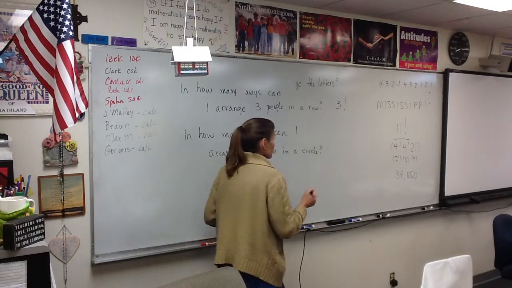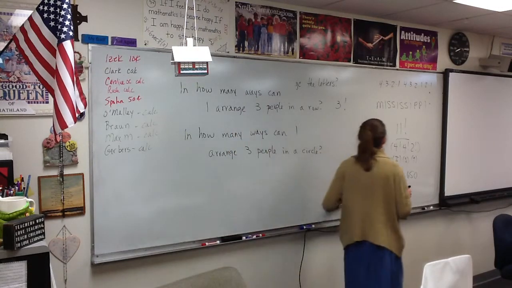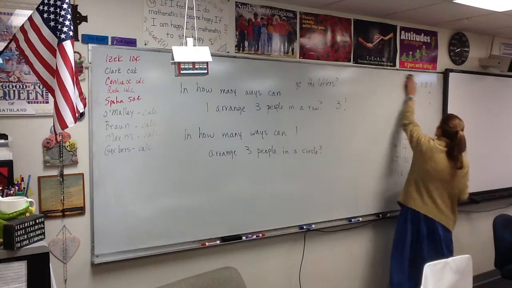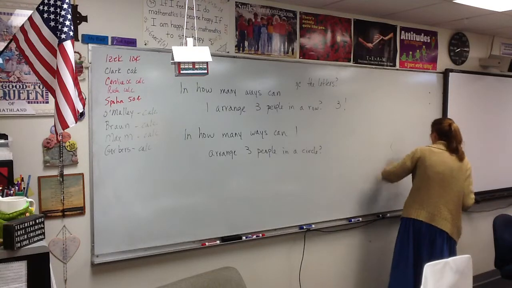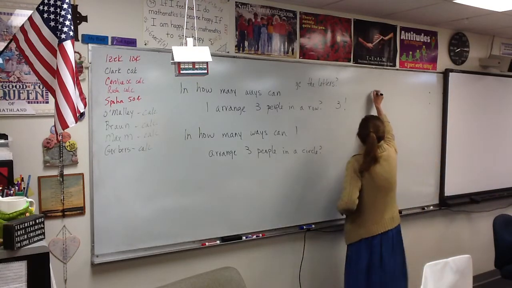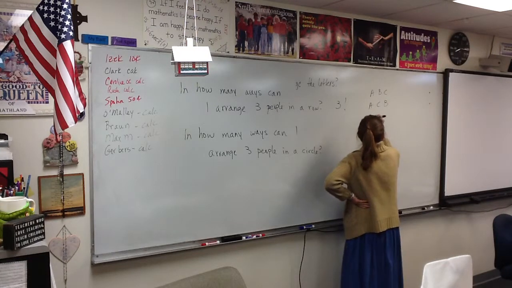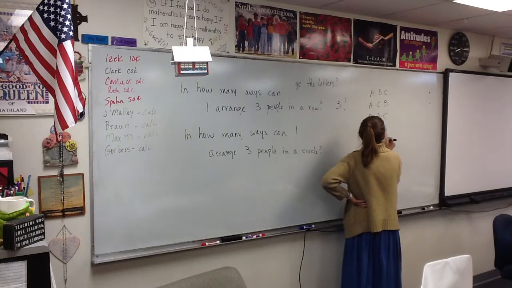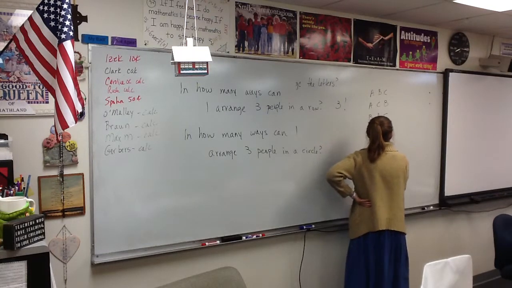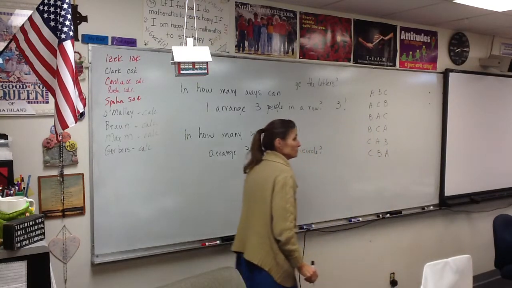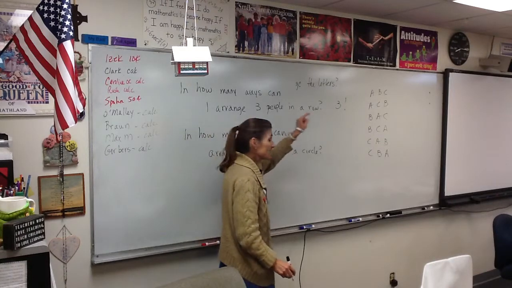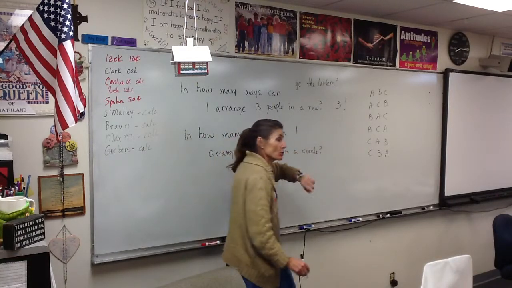If we had 3 people in a row, that would be ABC, ACB, BAC, BCA, and CAB, CBA. There are the 3 people in a row. Now I'm going to take each of those and make them in a circle.